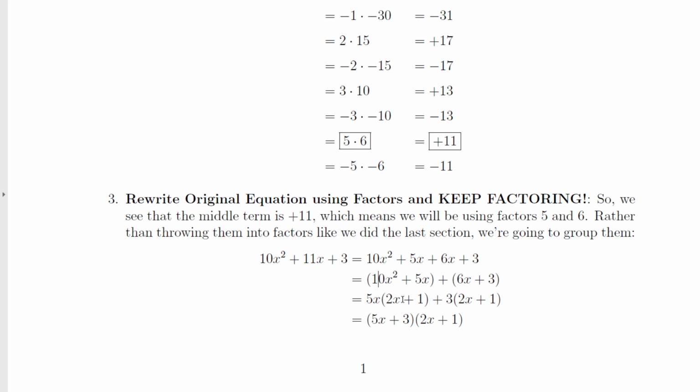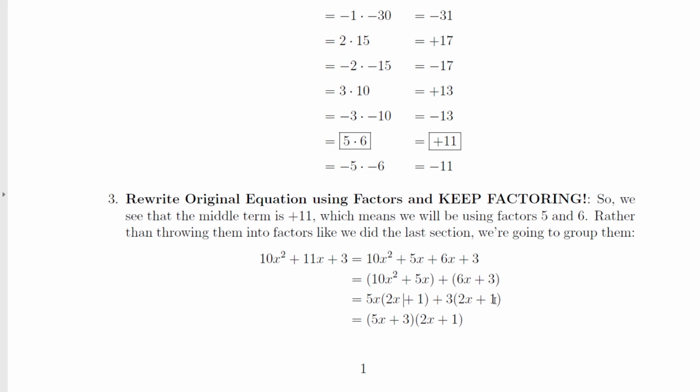And the remaining pieces, if you want to go through and do the long method of writing out all the factors, the 5 times the 2 times the x squared, the 5 times the 1 times the x, and then use those common pieces to figure out what's going to get factored out, you can do that. That's completely fine. The 5x is going to be pulled out, and then we're left with a 2x plus 1 on the right-hand side.